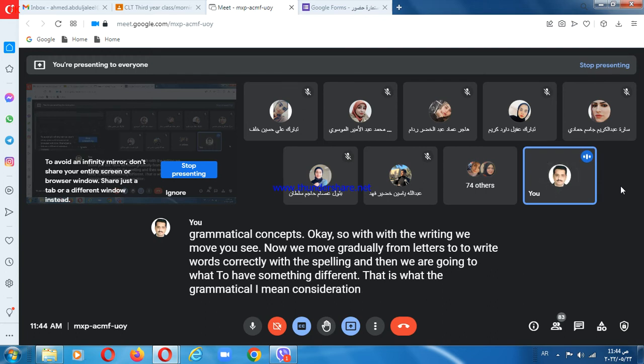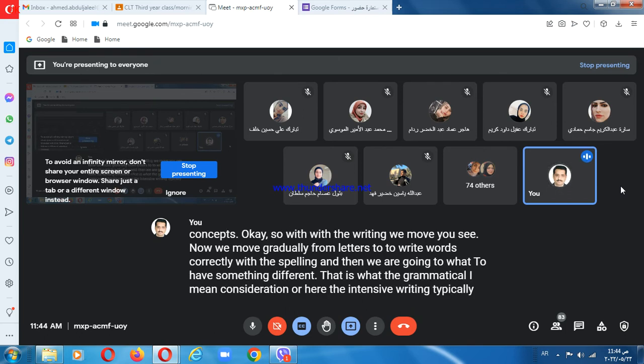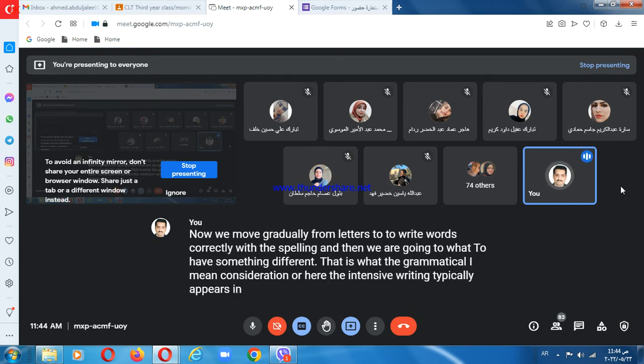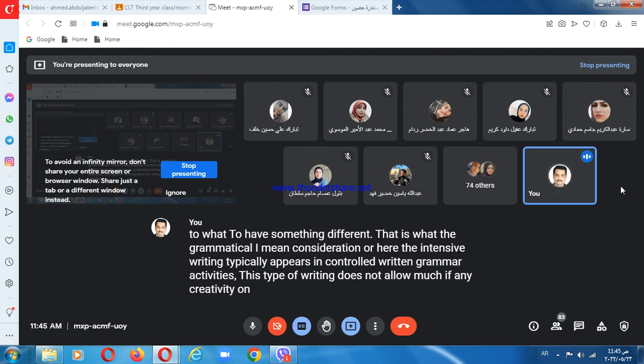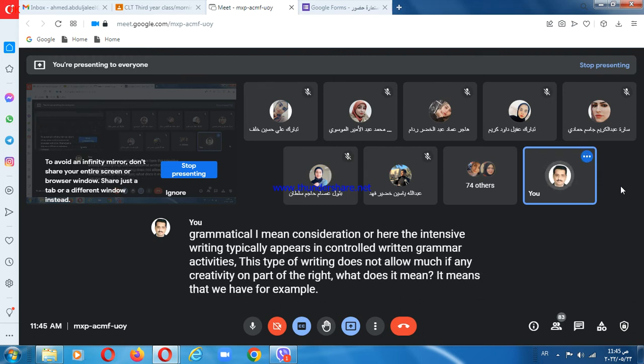Here the intensive writing typically appears in controlled written grammar activities. This type of writing does not allow much, if any, creativity on the part of the writer. What does it mean? It means that we have, for example, exercises in grammar which take a form of paragraphs.